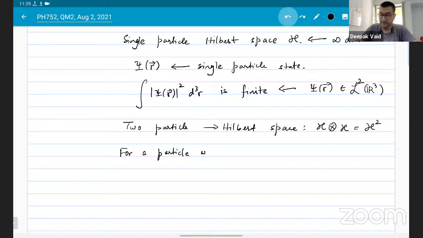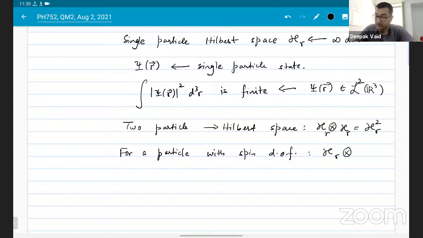With a spin degree of freedom, your Hilbert space would be this H, which is your position space. I'll call it H of R to distinguish it from the spin Hilbert space, and H of S is the spin Hilbert space.